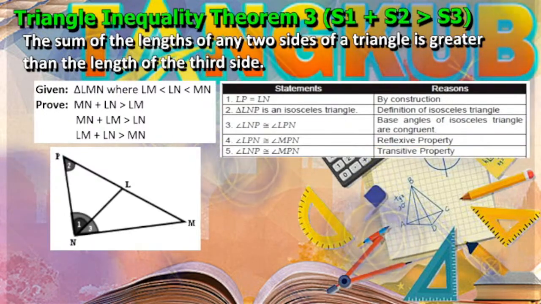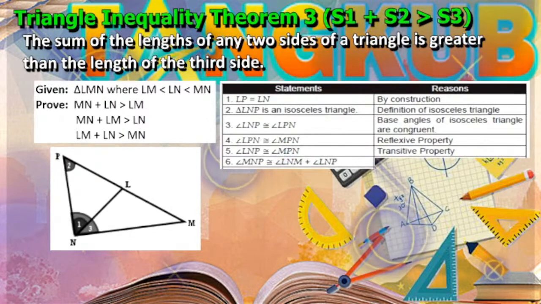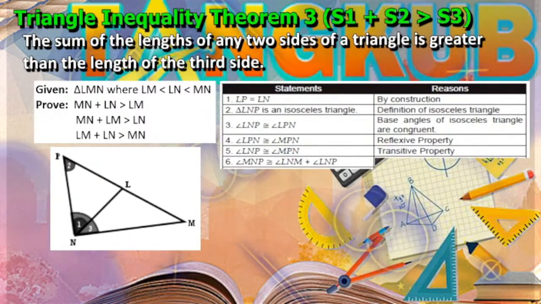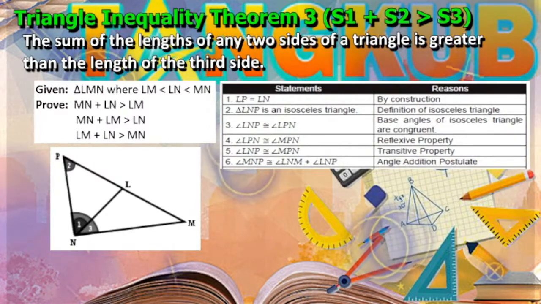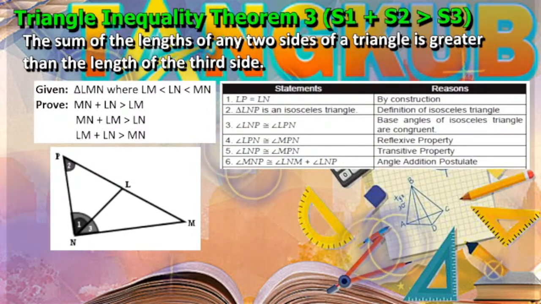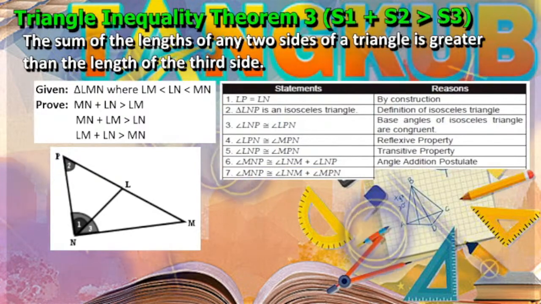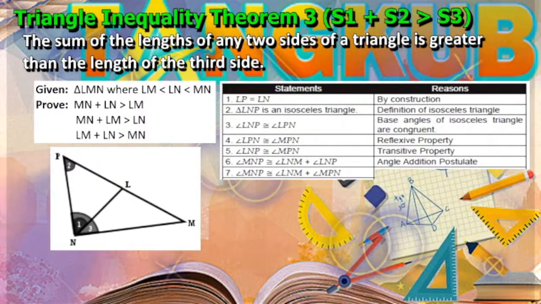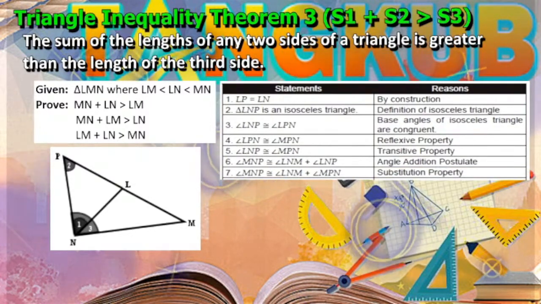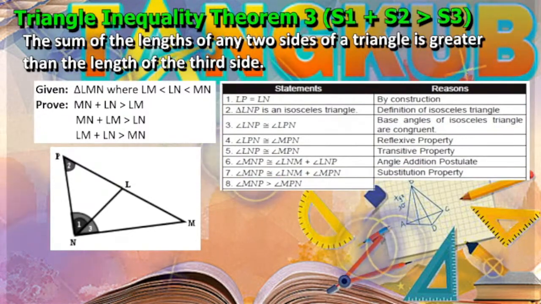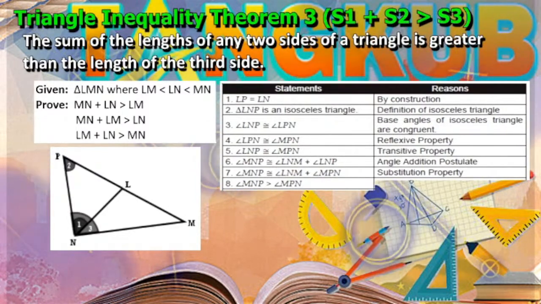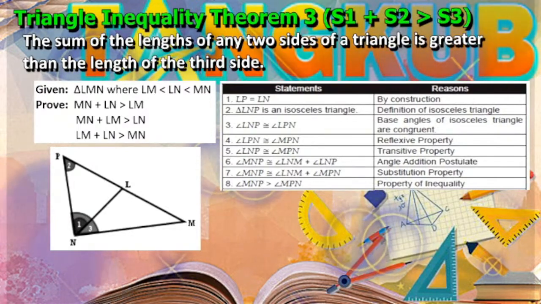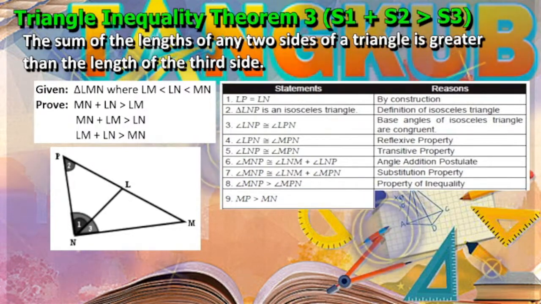Angle MNP is congruent to angle LNM plus angle LNP. Reason, angle addition postulate. Then, angle MNP is equal to angle LNM plus angle MPN. Reason, substitution property. With that, angle MNP is greater than angle MPN. Reason, property of inequality. Then side MP is greater than side MN.